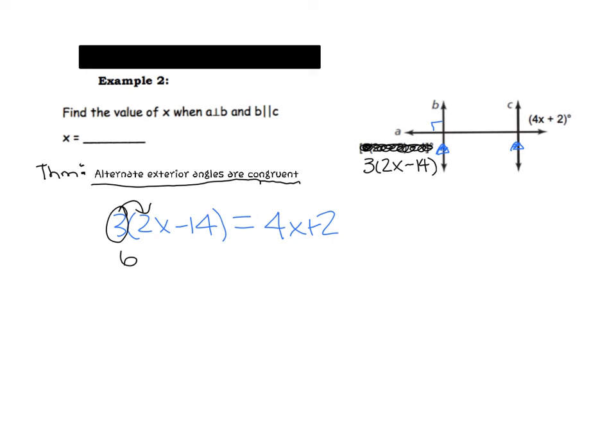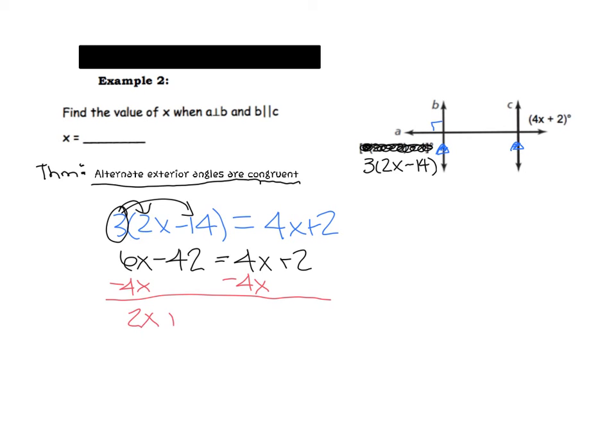So I notice I have distribution. So you have 6x and 3 times negative 14, negative 42, equals 4x plus 2. I've got x's on both sides. It's no bueno. So I'm going to subtract 4x from both sides. Notice I wrote it underneath the 6x because those combine to give us 2x.